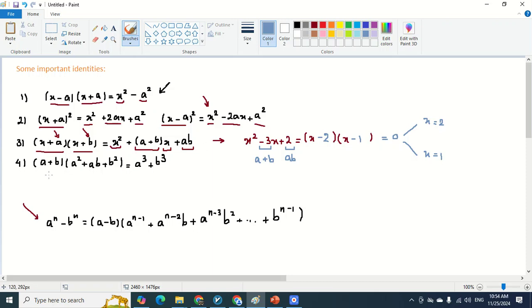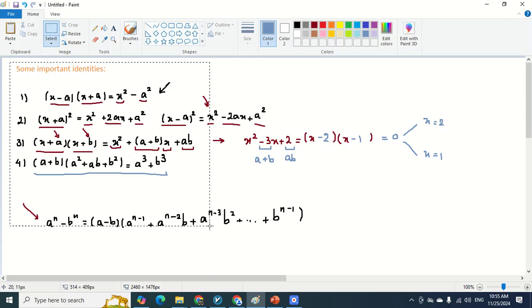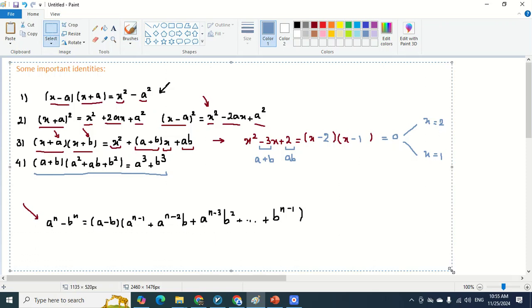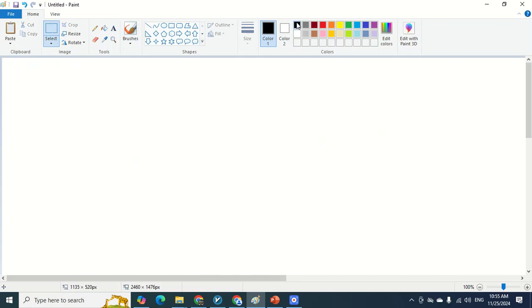The next case can also be considered as an expansion of the conjugate. For finding this expansion, it's easy to calculate it by using long division. What do I mean? For example, let me calculate the long division for the case x to the power of 4 minus 16.